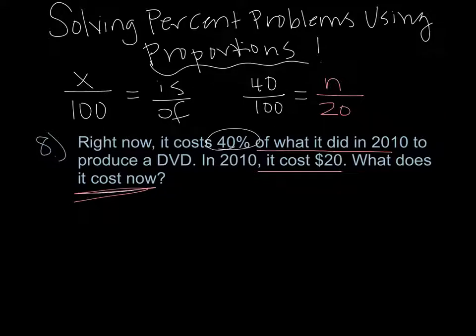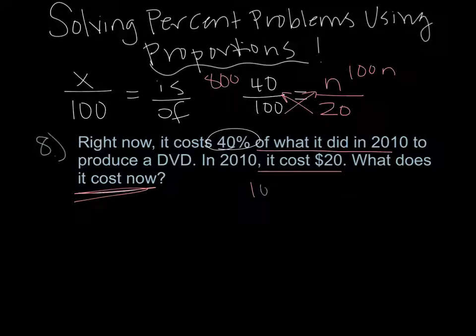The hardest part about these word problems is figuring out what's your is and what's your of. And that just has to make sense. It's cheaper now, so my smaller number is going to be on the top. And we know it's going to cost less than 20, so the bigger number would be on the bottom. That's kind of how I think through it. Going to do our cross multiplying, 100 times n. Well, I know 2 times 4 is 8. Add 2 zeros and I have 800.